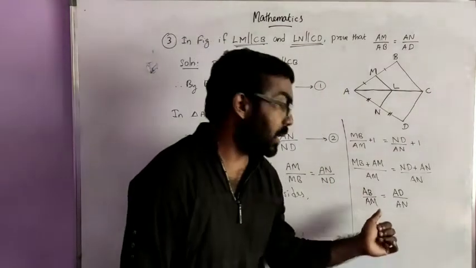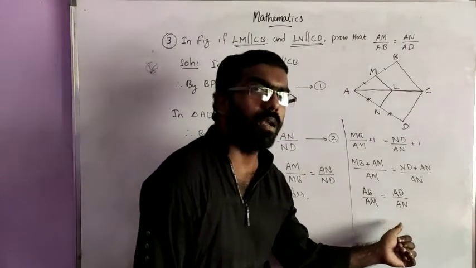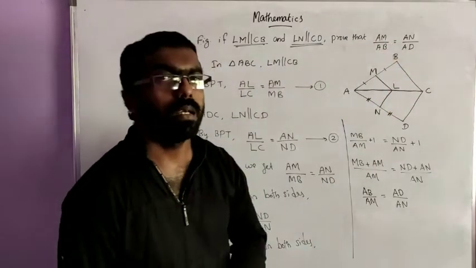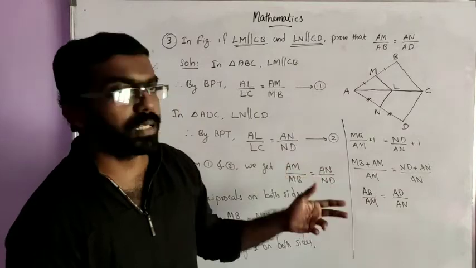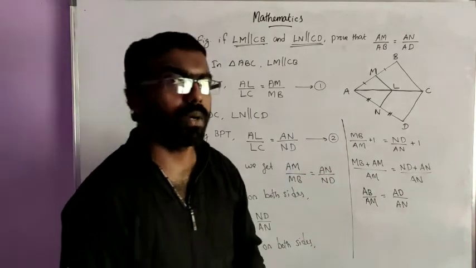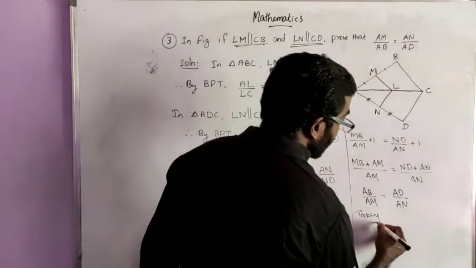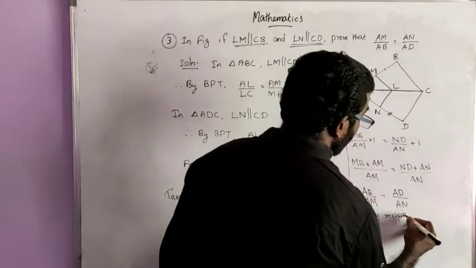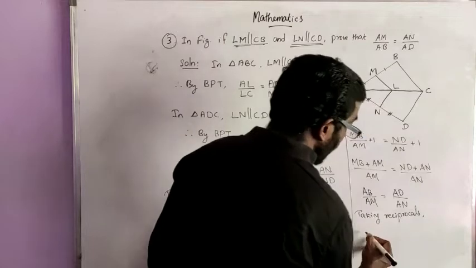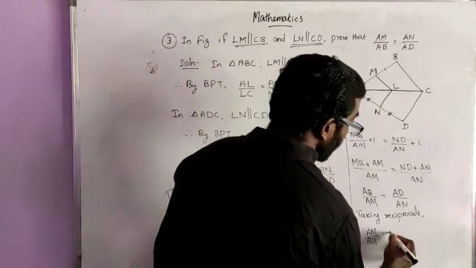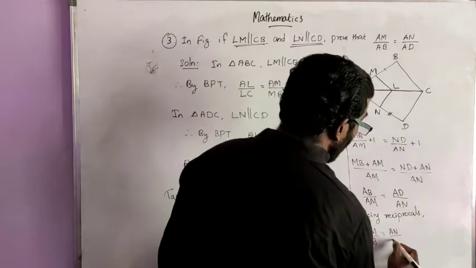Okay, so here it is AB by AM is equal to AD by AN, and we have to prove AM by AB is equal to AN by AD. So in order to get the answer we have to take the reciprocals again. So taking reciprocals on both sides, we get AM by AB is equal to AN by AD.